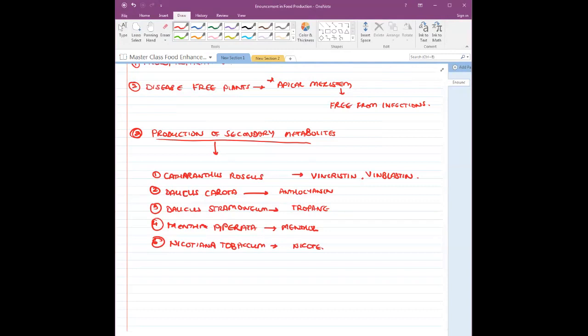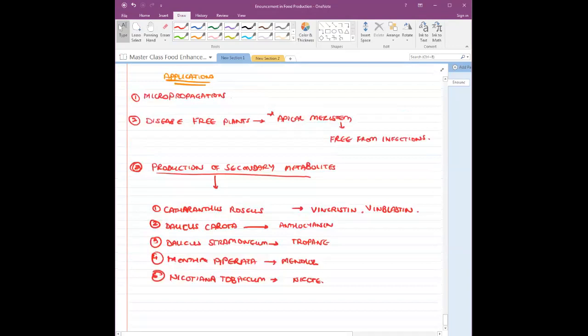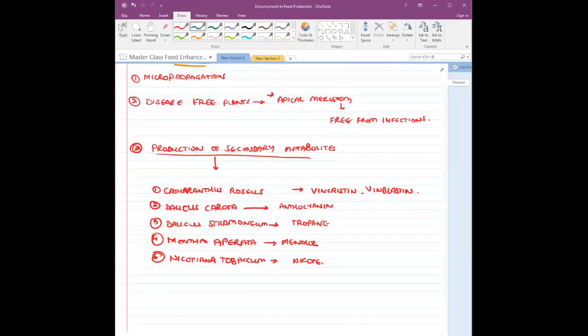Okay, next thing is, guys, when we talk about micropropagation or tissue culture, always remember we are going to get a large number of plants. Next thing, you are going to make the plant season free, because you can do this in the laboratory all throughout the year.